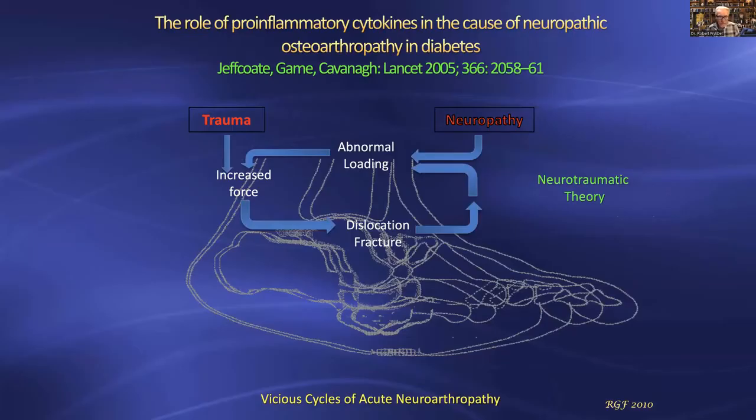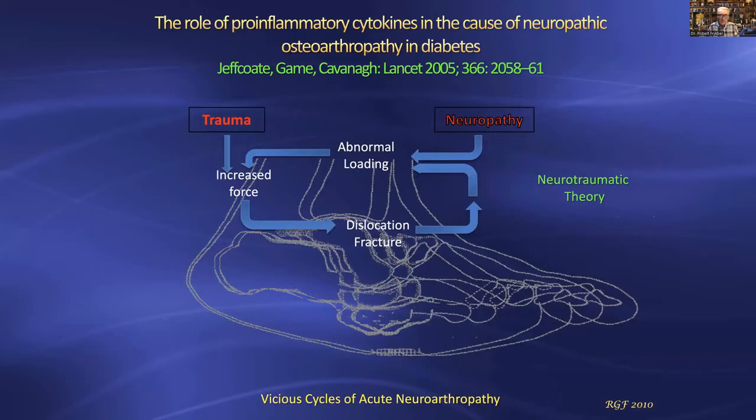Now, it's a complex disorder based on a number of underlying metabolic perturbations, and we recognize the neurovascular school of thought and the neurotraumatic schools of thought. But this was a nice diagram put forth by William Jeffcoat and Fran Game back in 2005.